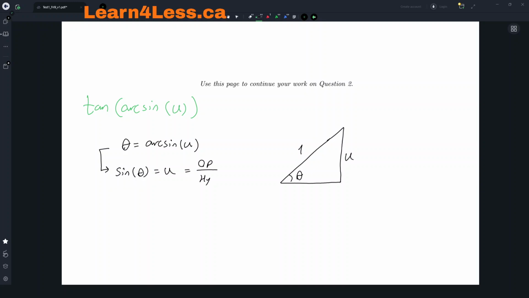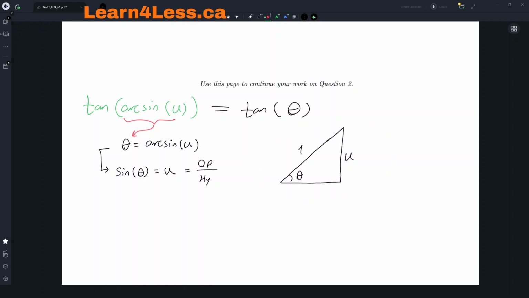So what we want to evaluate is tan of arc sine of u, or basically tan of theta, because we said let's call this angle theta. So what's tan of theta? Again, we stick to this triangle.